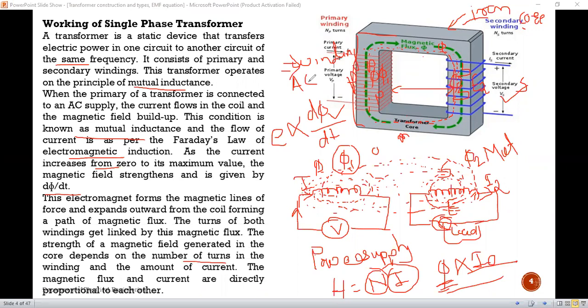So the field strength depends upon the flux value, and the flux value depends upon the current value. This is the relation regarding that.